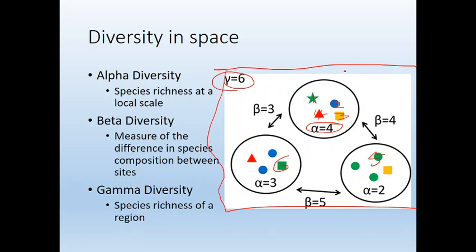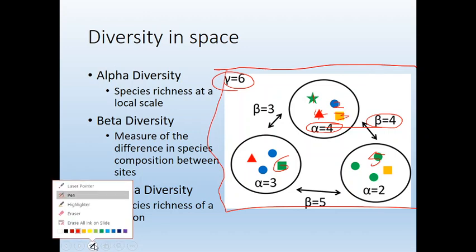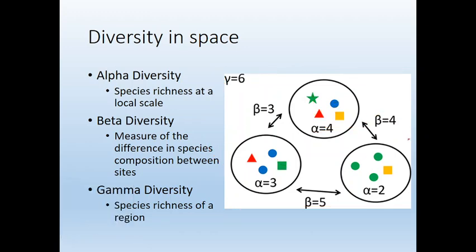Now, beta diversity, though, is kind of this tricky thing. It's the measure of difference in species composition between sites. Okay, so that's represented here, beta equal 4. Here, let me maybe erase everything on here. What's happening here is, okay, you count up the number of species basically that are different.